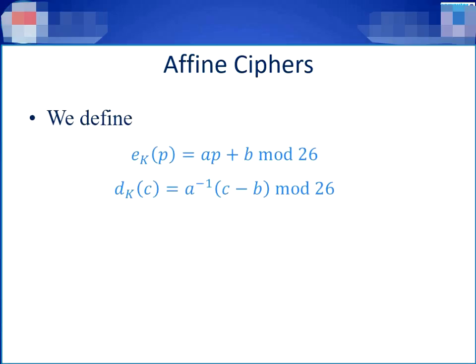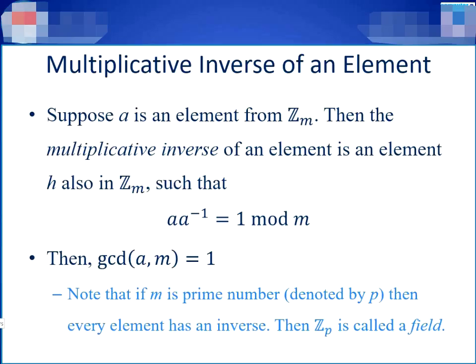To show how the decryption algorithm works, we need to understand some topics from modular arithmetic. First, we should recall what a set of integers modulo m means. A set of integers modulo m, which is denoted by Z with subscript m, is the set of residues when divided by m. So it consists of numbers from 0 to m minus 1.